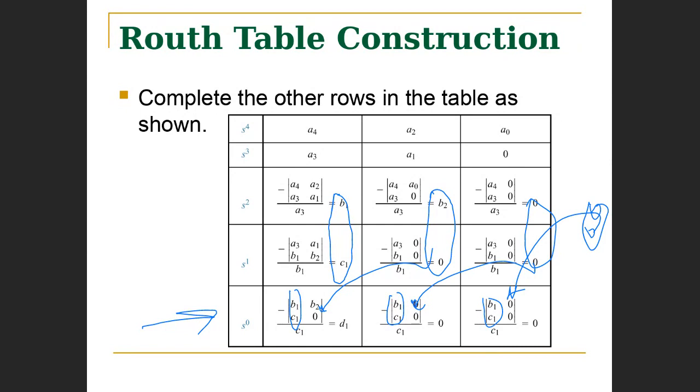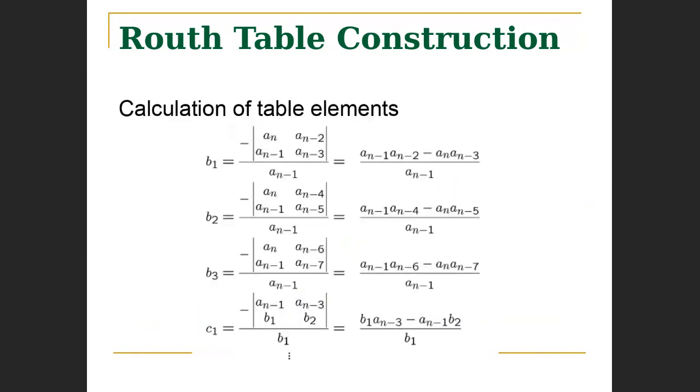So let's look at this in another way, or summarize it another way. What we're actually doing to form B1 is using the product of a(n-1) times a(n-2) minus a(n) times a(n-3), all over a(n-1).